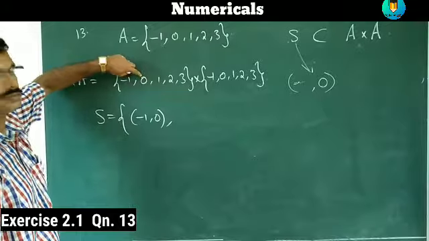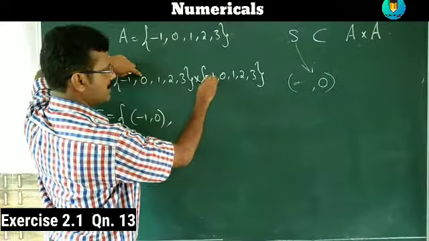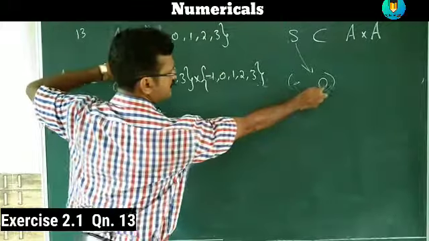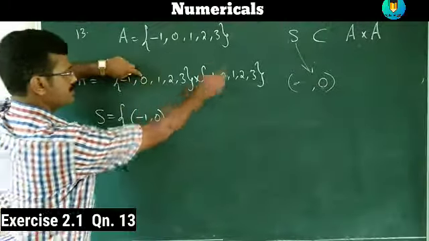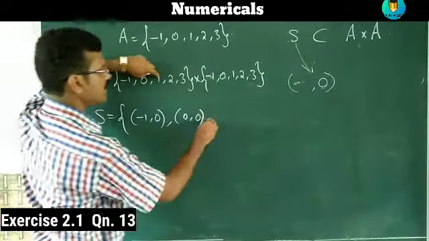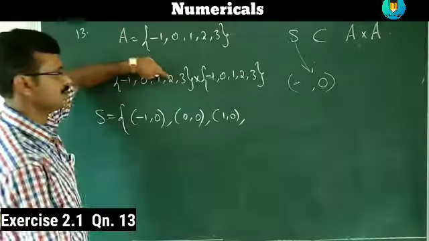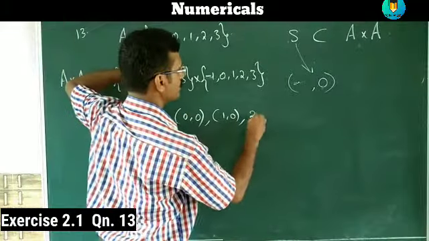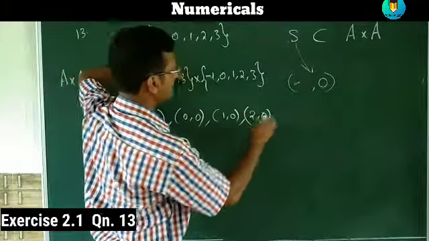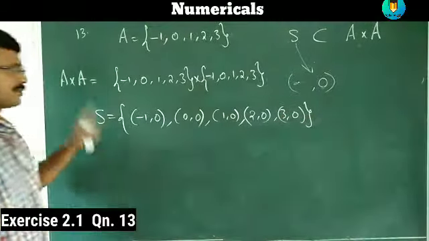Now with 0, 0 minus 1 is no use because we need the second component 0, but we can write 0, 0. With 1, 1, 0. With 2, 2, 0. With 3, 3, 0.